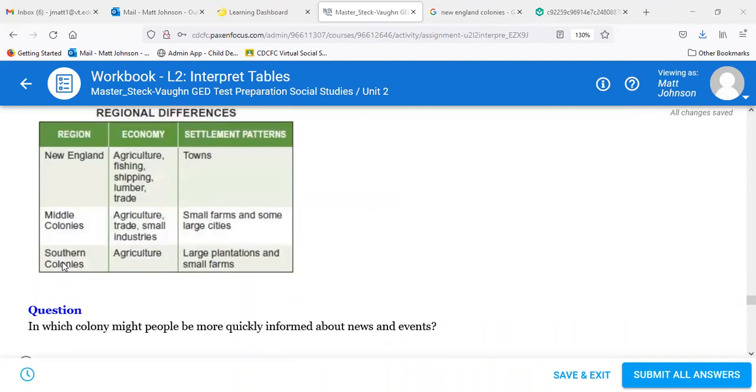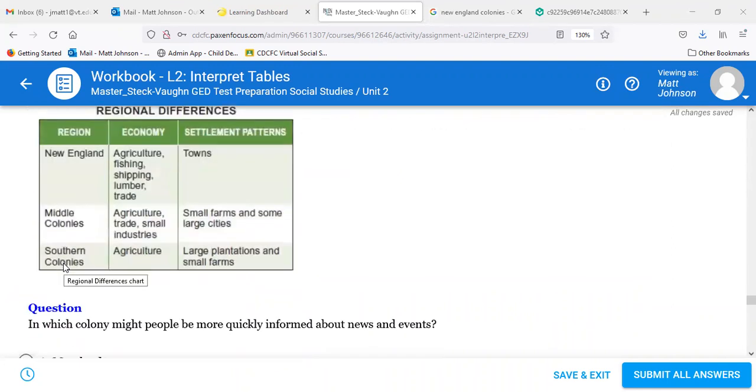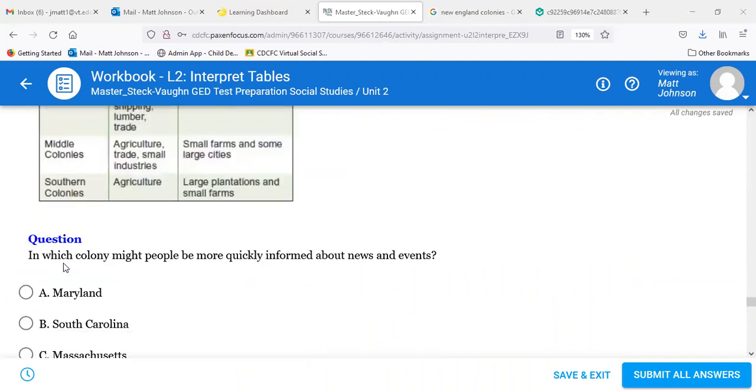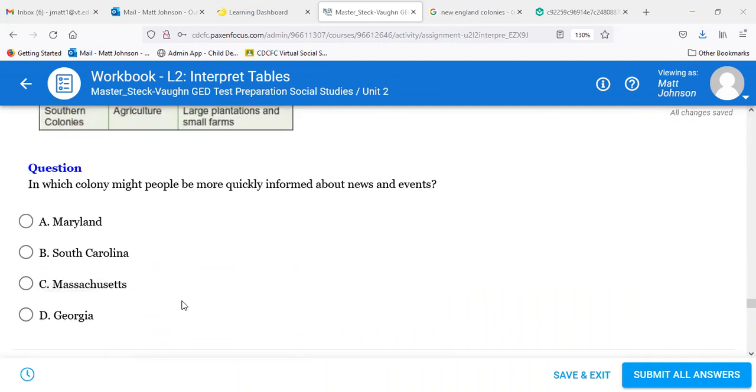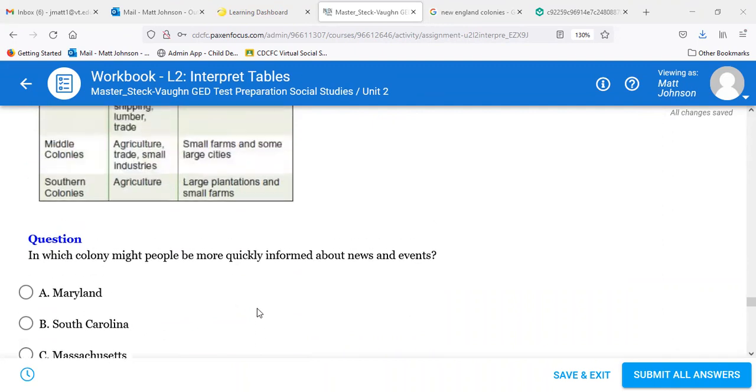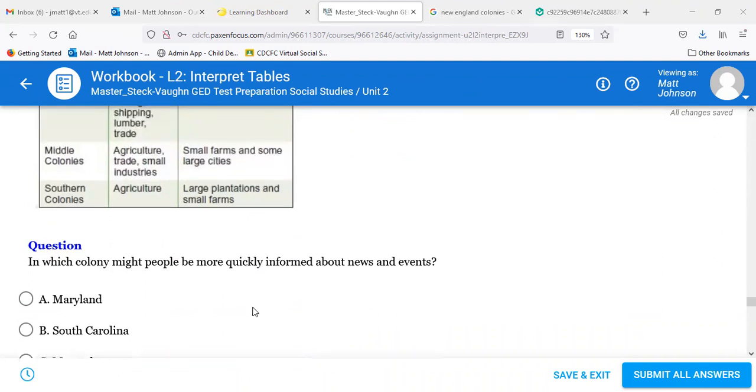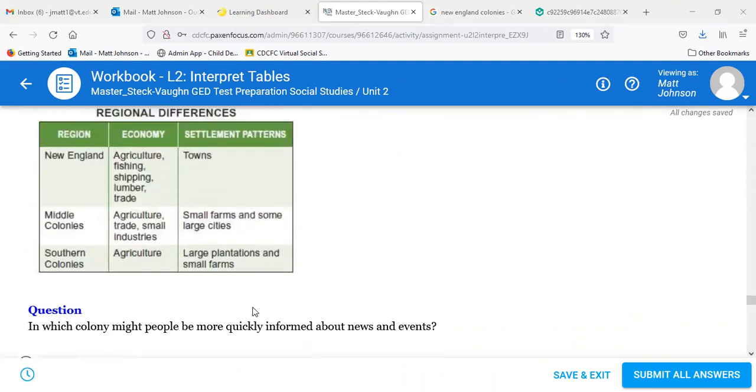I think we'll finish out the rest of the questions with the same table here. So in which colony might people be more quickly informed about news and events? That one you kind of have to think critically about. Which region, for starters, do you think news would travel quicker?